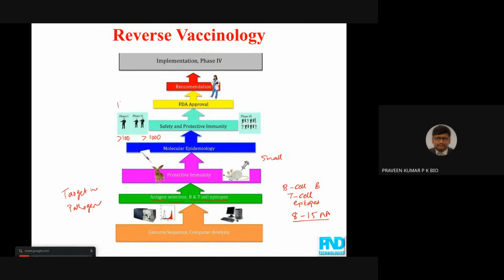For phase 1 and phase 2, whatever peptide epitope is designed, we test with healthy volunteers. Later, we can check with diseased volunteers. That's what we call phase 3 and phase 4. In phase 3, we try with more than 1,000 people, 1,000 to 10,000 or 1 lakh. It depends on how much of the population has been infected by that particular pathogen.